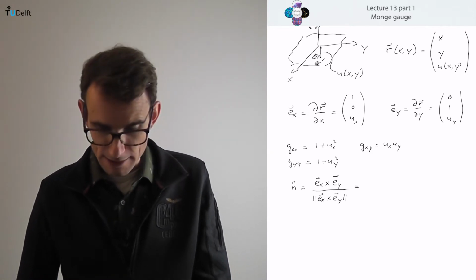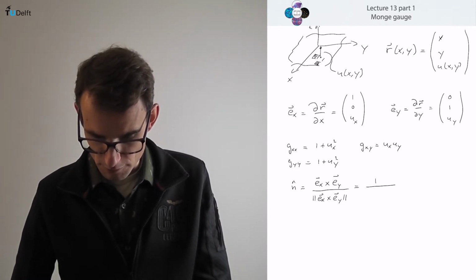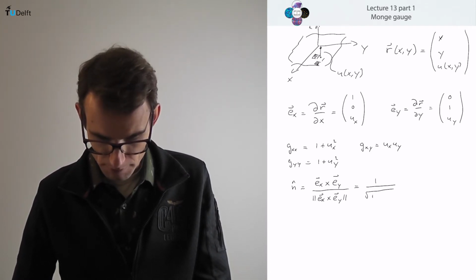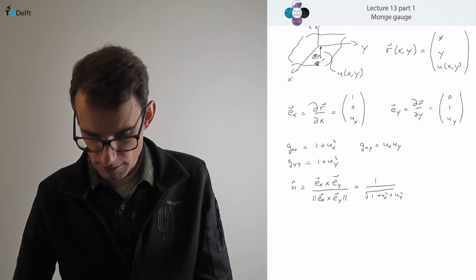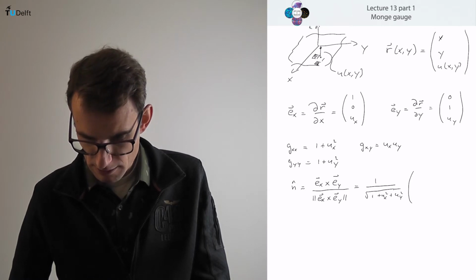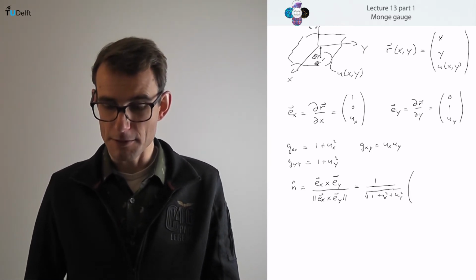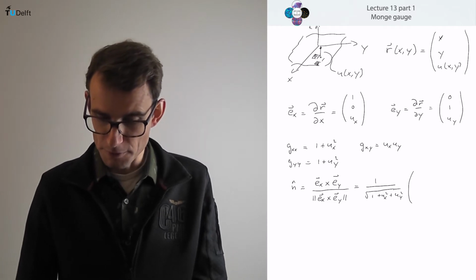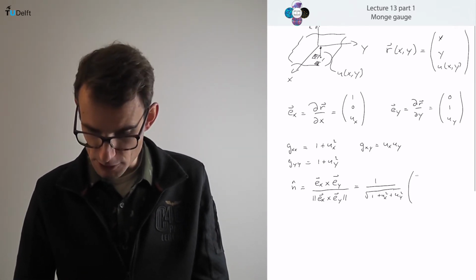If we do that, then we get a full expression, which is 1 over the square root of 1 plus u_x squared plus u_y squared, times the cross product ex cross ey. The first term is going to be 0 times u_y minus 1 times u_x, so that's minus u_x.